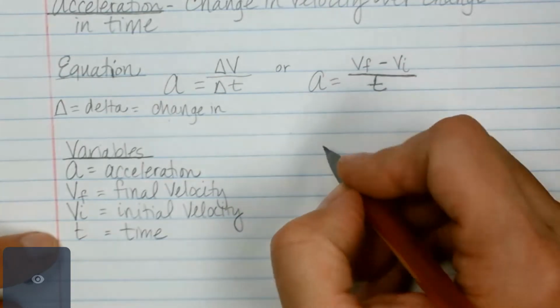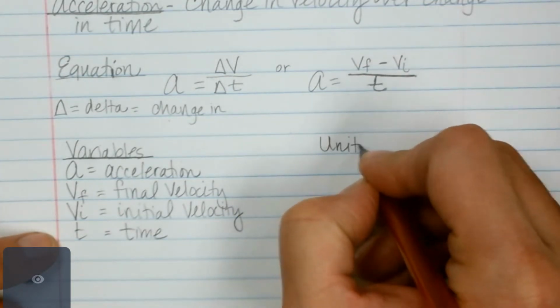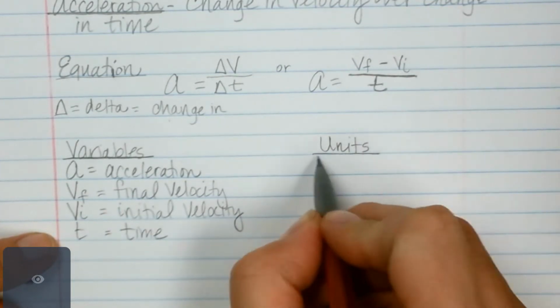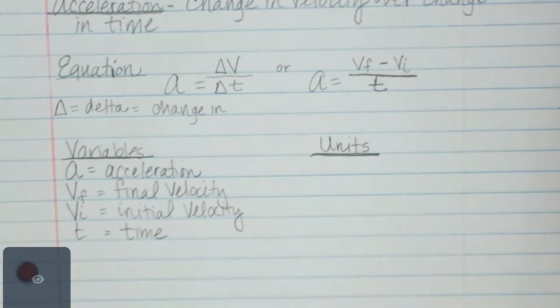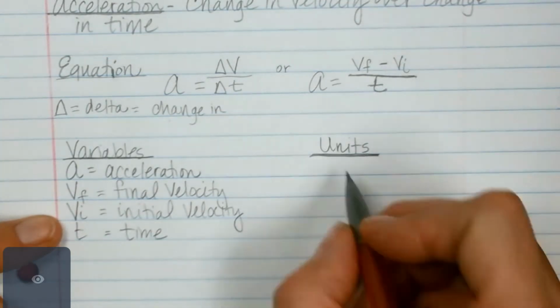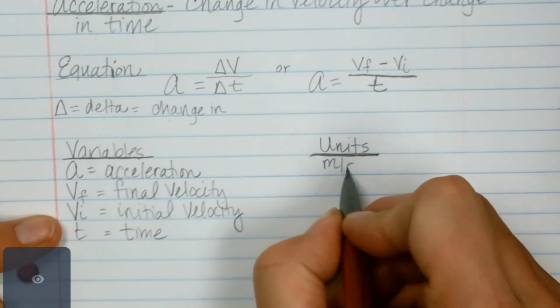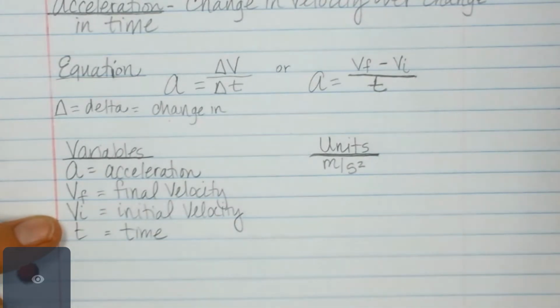So let's talk about the units as well. Each of those have the standard units. Now remember, units can vary, but the standard units are the ones that we use on standard equations for every term. For acceleration, it's going to be meters per second squared.